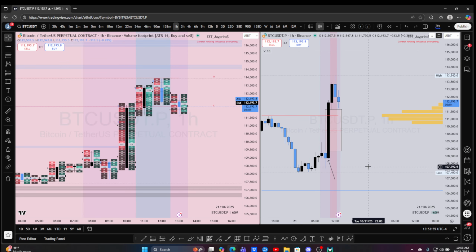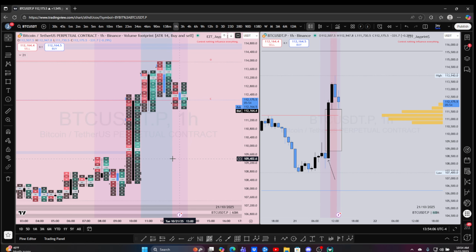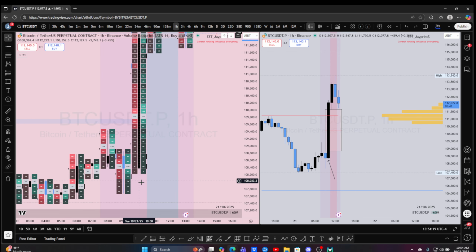But what I teach is to understand how it creates the fair value itself. So that's coming back to understanding what your imbalance is. What is your imbalance? That is your inefficiency in market balance, okay? And again, that gets created when there is one-sided dominance of volume in the market.